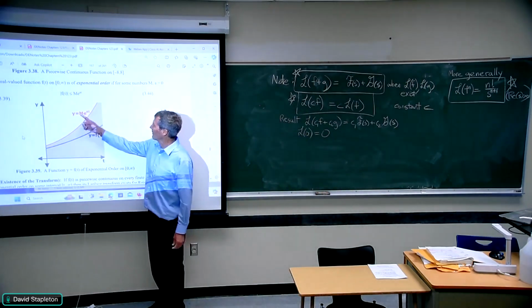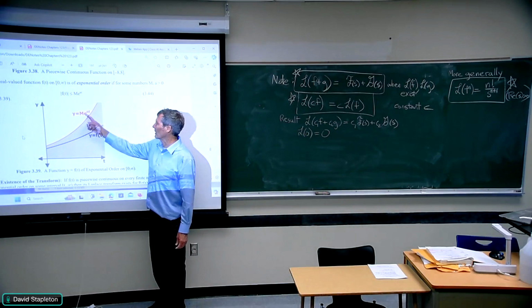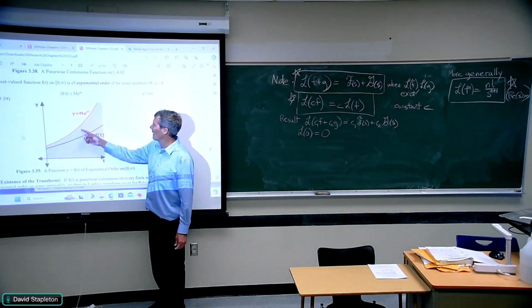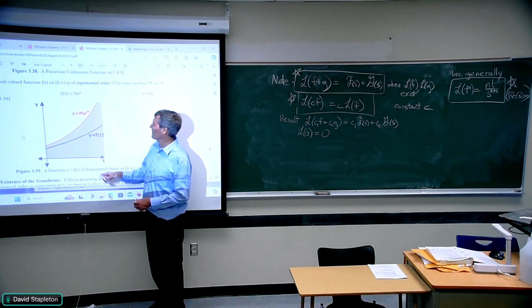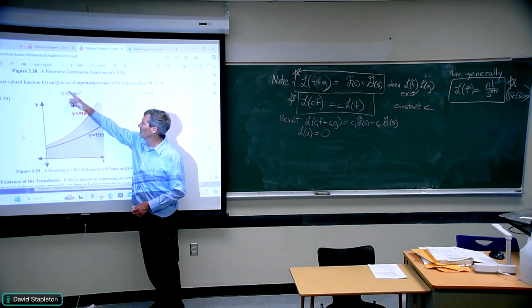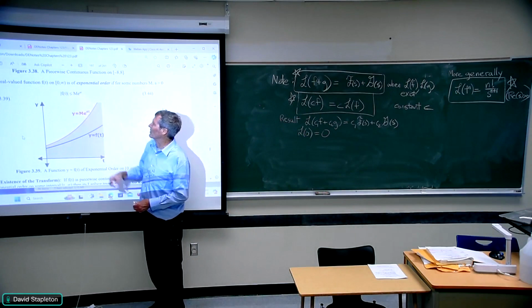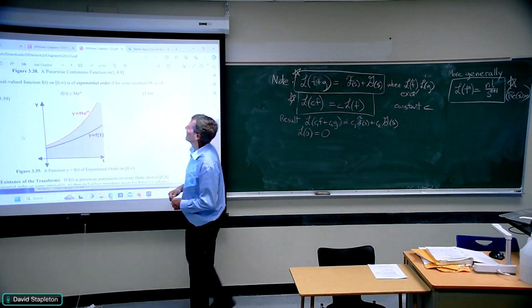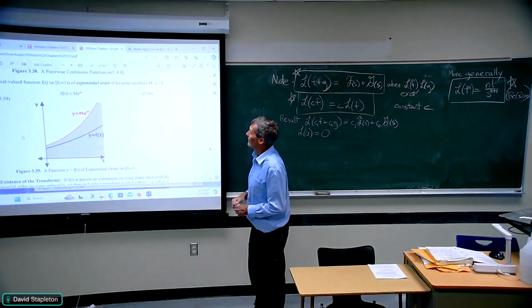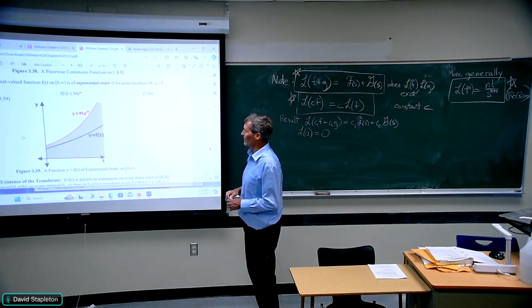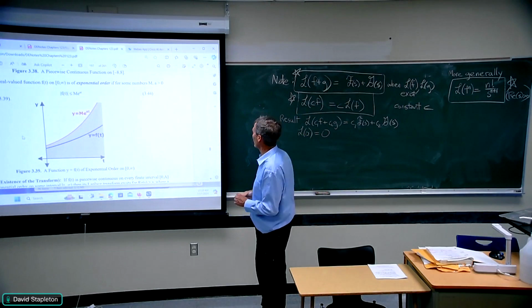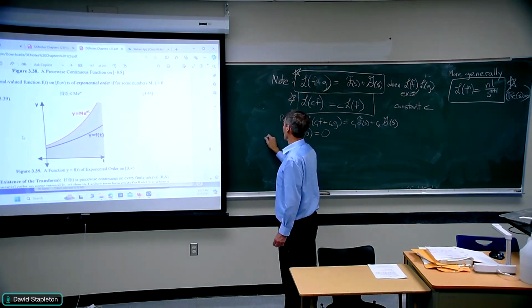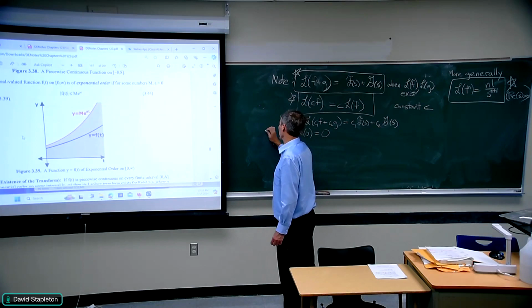You take a constant m times e to a constant a times t, a mean function. Then if you have a function f of t whose absolute value is less than or equal to the mean function, then the Laplace transform will exist, at least for real part of s greater than a, it turns out. So here's our definition and then theorem.